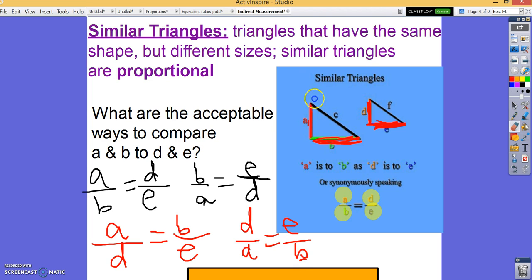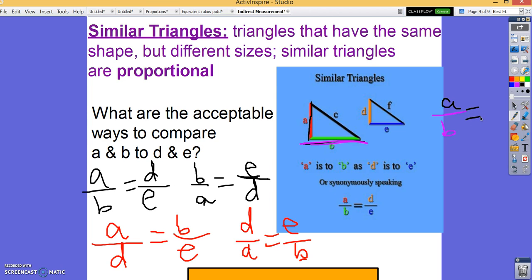But just because there's a lot of ways doesn't mean that every single possible way works. Let me give you an example of something that would not be an acceptable proportional comparison. Let's say that we started here and we said A over B. Sorry, it's taking me a while to change over my colors.